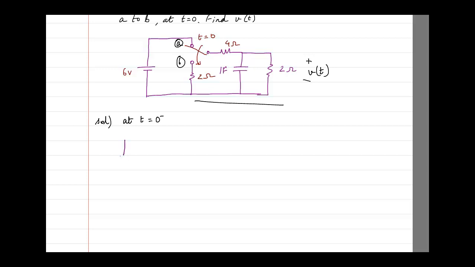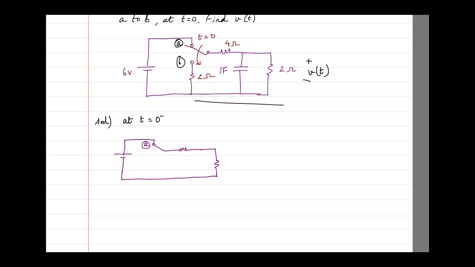This is the 6 volt battery. This is switch A, suppose. Then I am having the 4 ohm resistor. I am also having the 2 ohm resistor, but there is no point in drawing it because it's not going to be connected to the circuit. And now I have to draw the capacitor.